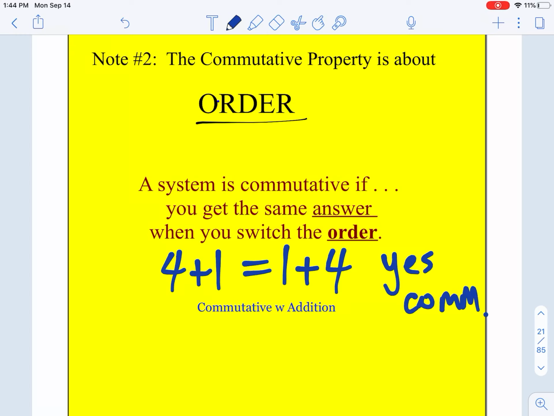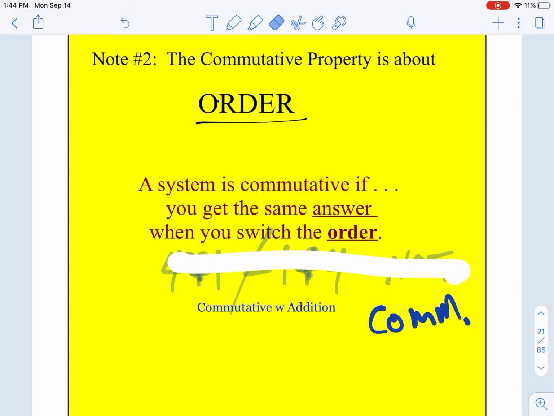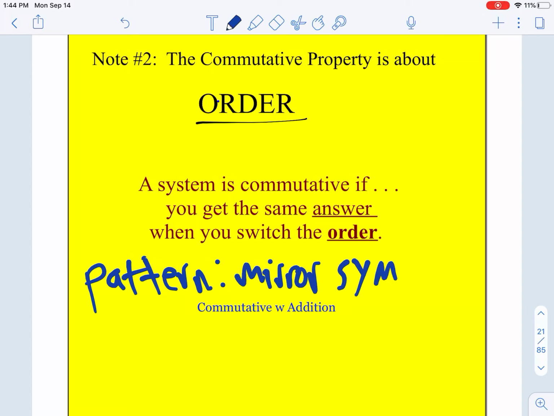If, let's say, use a different operation, if 4 heart 1 and 1 heart 4, if somehow they were different, if they were not equal, then you would say that system is not commutative. And the pattern you look for to test commutativity, if you want to add this to your notes, is mirror symmetry across this diagonal in the table.